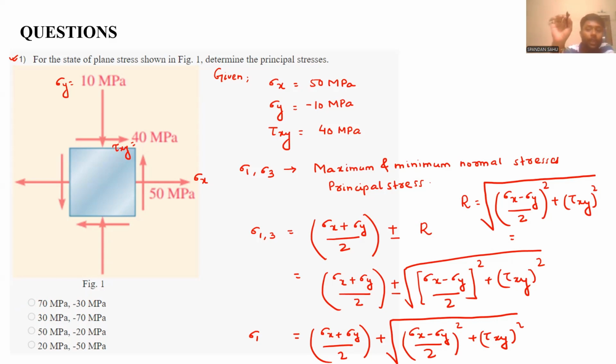So if the value comes out to be positive, then the nature of stress is tensile stress. If it comes out to be negative, then by closing your eyes, you should know that negative represents compressive stress. So is this question clear?